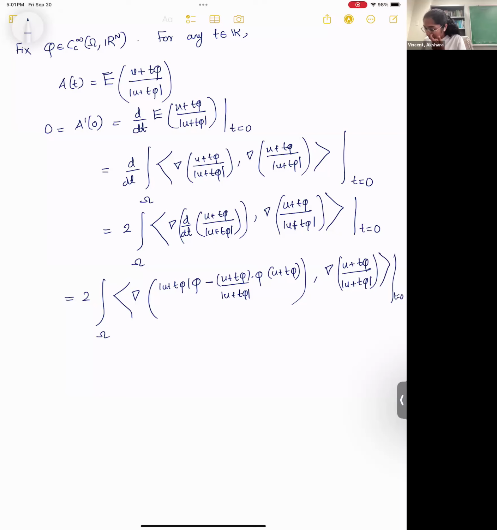So since we took the derivative, now we can evaluate at t equal to 0. I missed a denominator here. This is mod (u plus t phi) all squared.